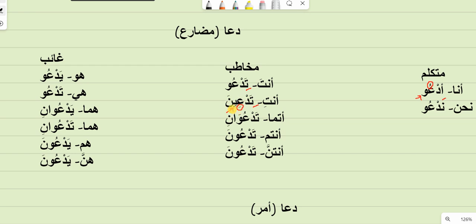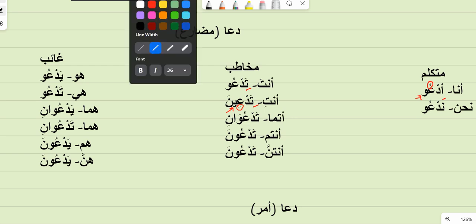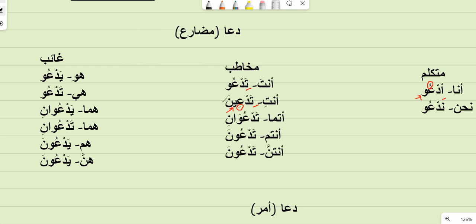This is the damir. And now we know that in present tense we have the five afal al khamsa. Here we have 1, 2, 3. These two are taken as 4 and this 5. And we have noon zaida, 1, 2, 3.